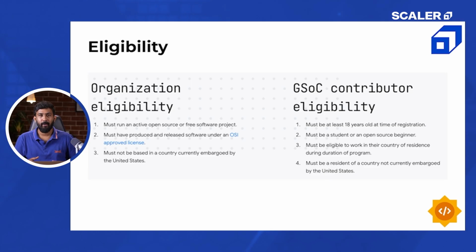They can't ask people to work for a private software that they have. They should have released a software or project under an OSI approved license. That is, it should be open source licensed. And finally, it must not be based in a country currently embargoed by the United States. These things we can ignore.